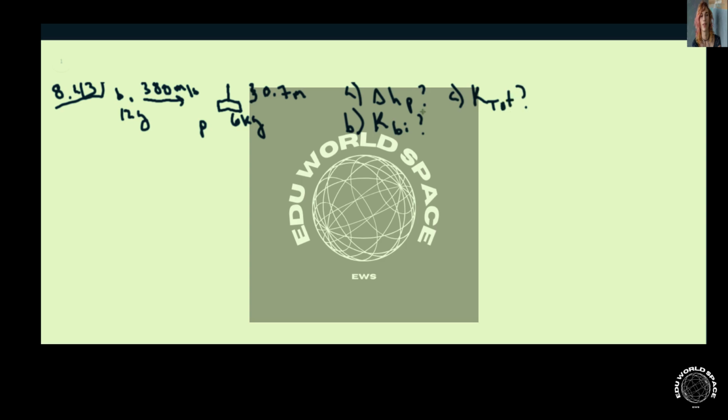And the third thing is, what is the total kinetic energy right after the impact, but before the pendulum has started swinging and turning some of that kinetic energy into potential energy, and eventually it gets to the top of its swing and it all becomes potential energy.